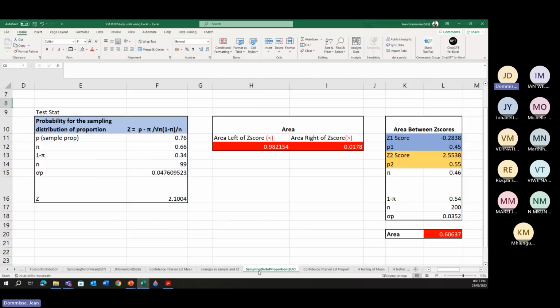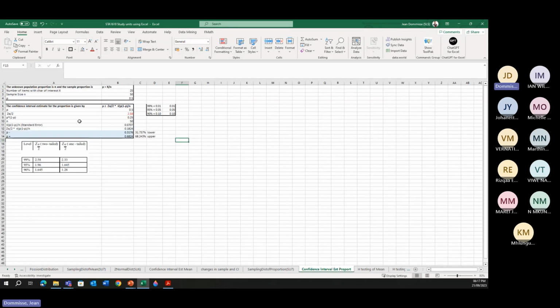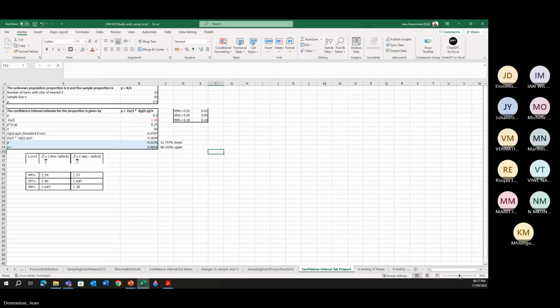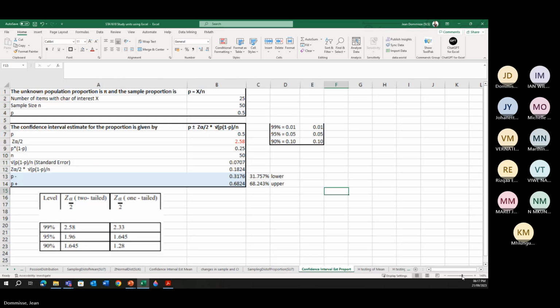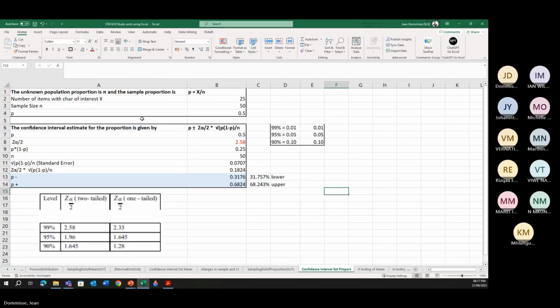This one was more for working out Z. Let's make this bigger. Okay, this one is where we're going to work out our lower and upper confidence limits.